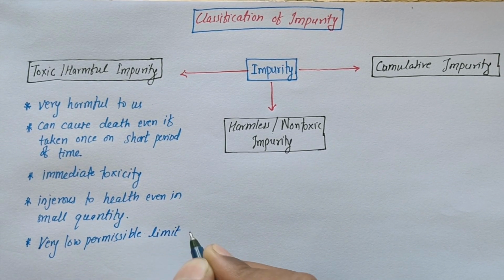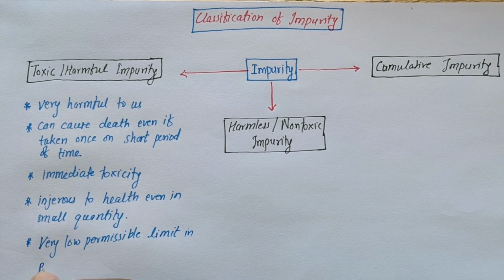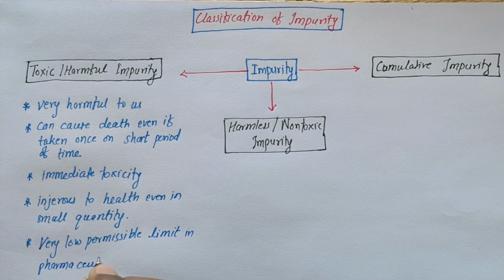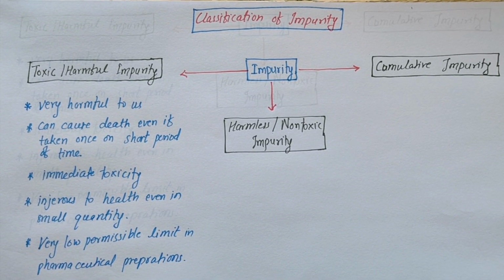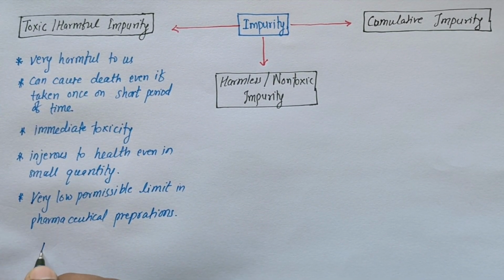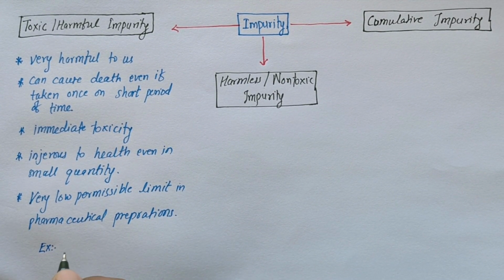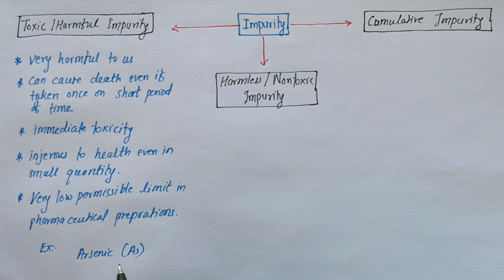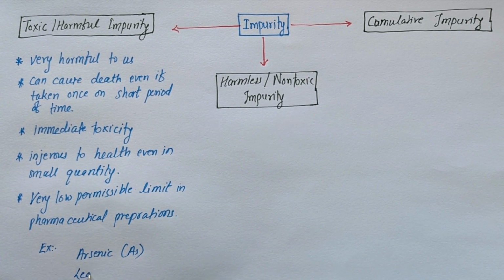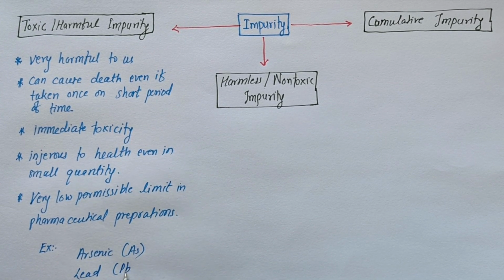It means a very small quantity of these toxic impurities is allowed in pharmaceutical preparation as per pharmacopoeia. Examples of toxic or harmful impurities are arsenic and lead, plumbum, Pb.